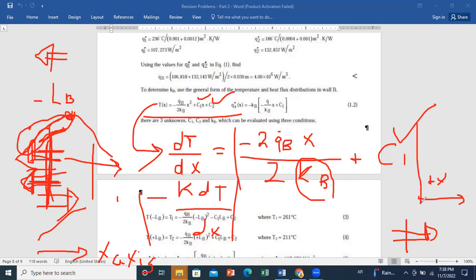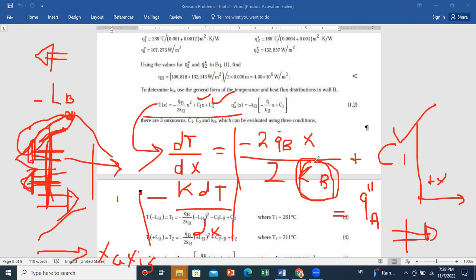Apply it at x equal to minus LB, and say that this should be equal to the conduction flux rate, the rate per unit area from the side of A, and then you can compute the value of Kp.